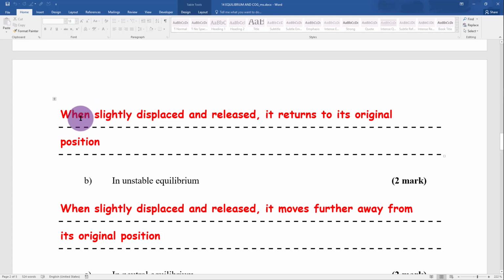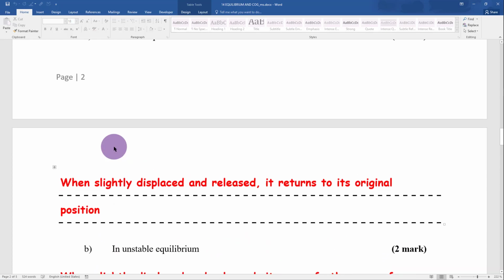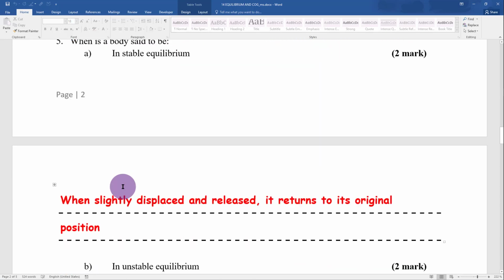And you should simply realize that a body is said to be in stable equilibrium when slightly displaced, and you slightly displace the object and release it, if it returns to its original position, then its state is stable.